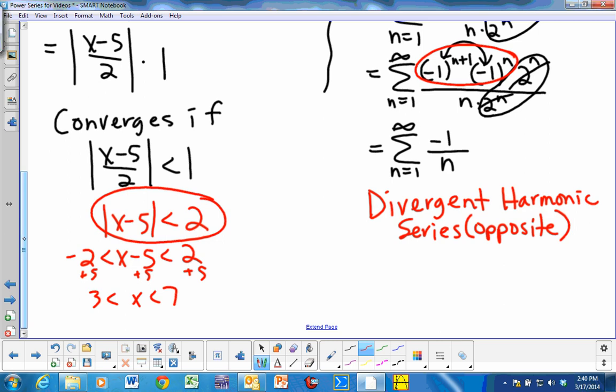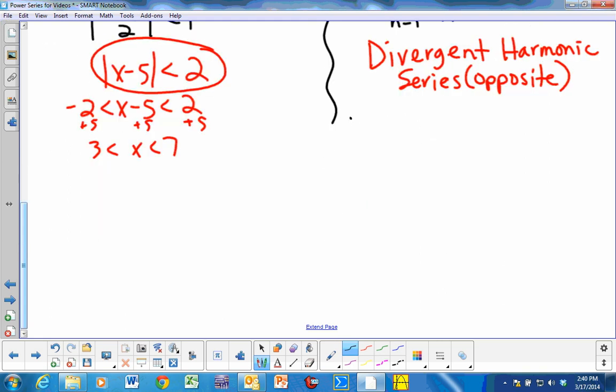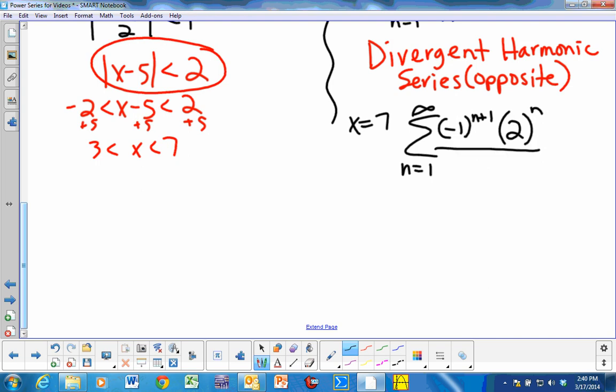So far, we're looking at going from 3 to 7, and we just found out 3 does not work. So now let's try x equals 7. We can go a little quicker here because it's the same thing, only you're going to do 7 minus 5, which is 2 to the n, over n times 2 to the n.